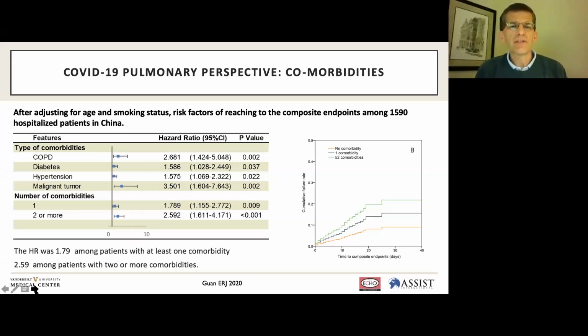The presence of one or two of these is associated with a much greater risk of mortality, which is also depicted on the slide on the right-hand side. When the patients eventually reach the ICU, the mortality rate of this virus remains extremely high and varies between 30 and 50%. Next slide, please.